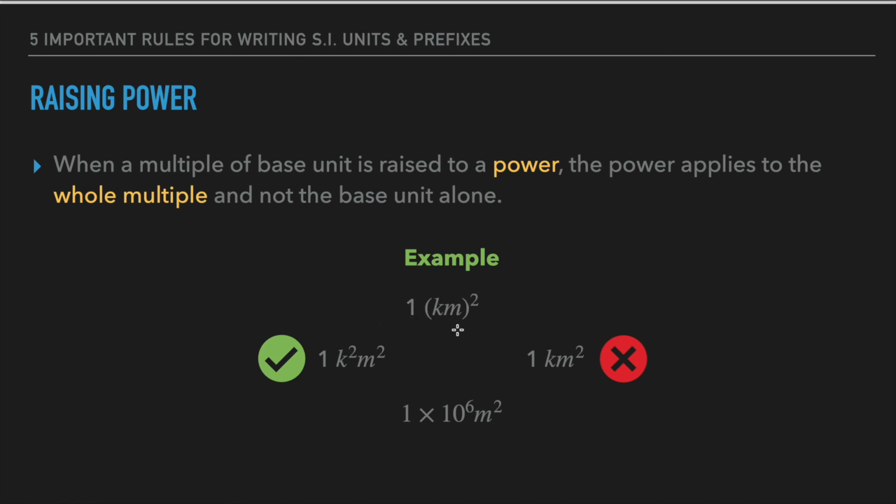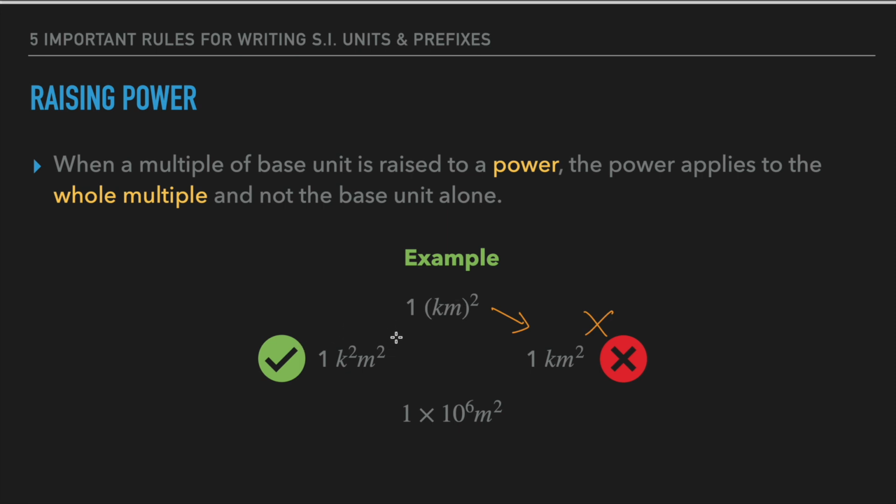So normally, let's look at the right side, shall we? Normally some people will think that the square will apply only to the meter itself, but this is totally wrong. This is wrong because we already know that if something is enclosed in brackets and it has a square power outside it, then the square applies to the whole of it.